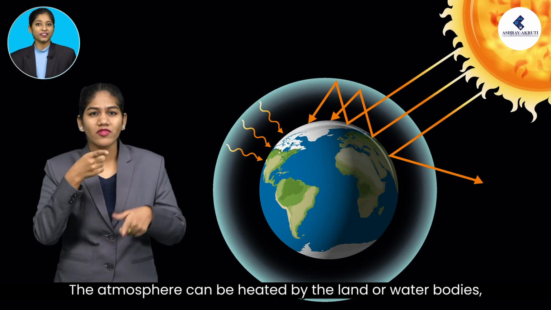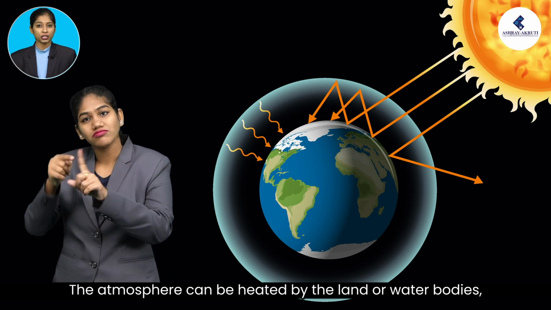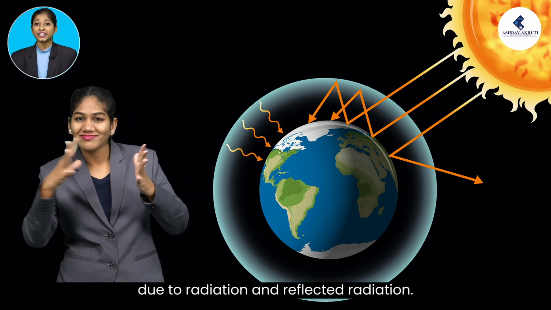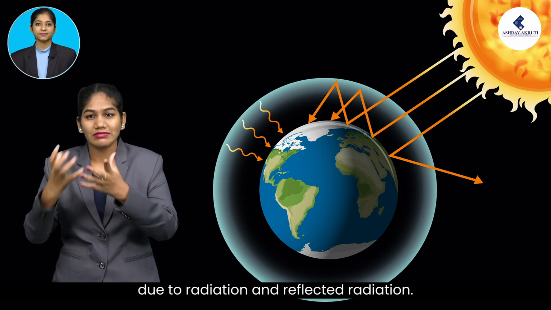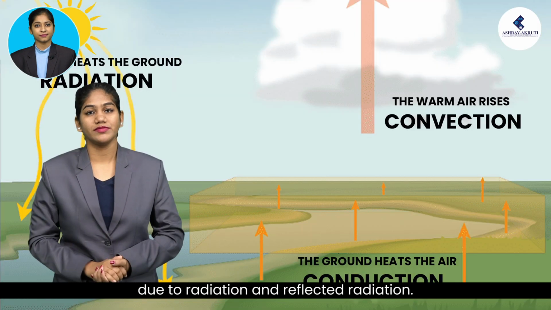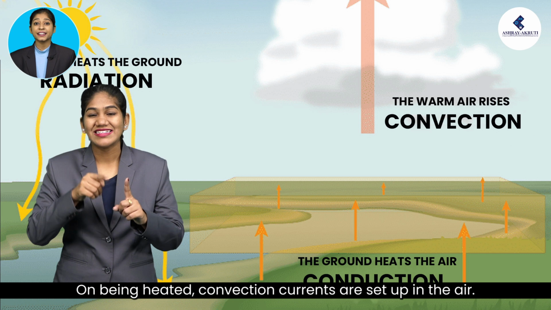The atmosphere can be heated by the land or water bodies due to radiation and reflected radiation. On being heated, convection currents are set up in the air.